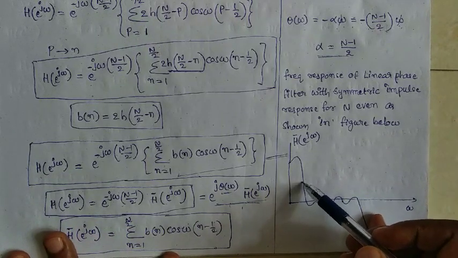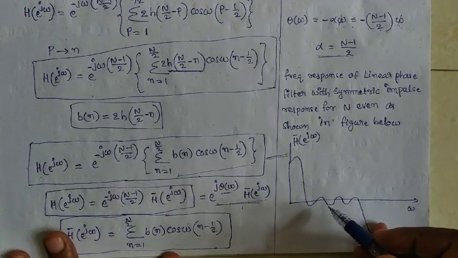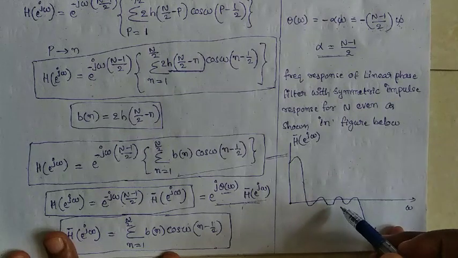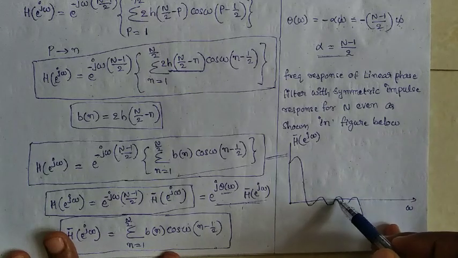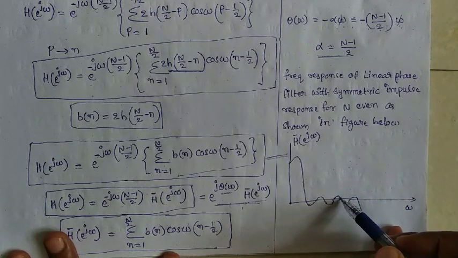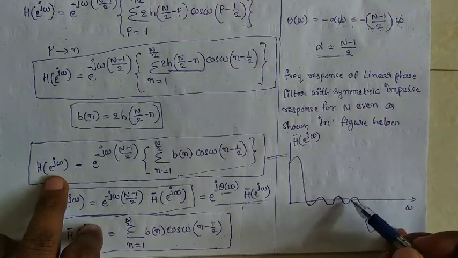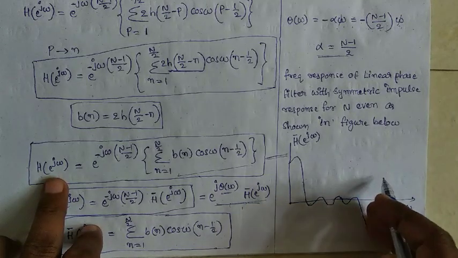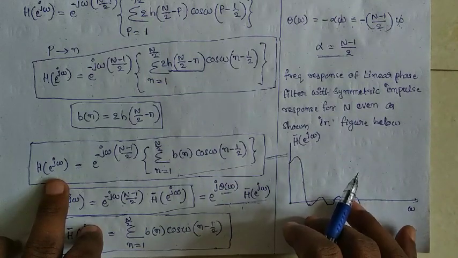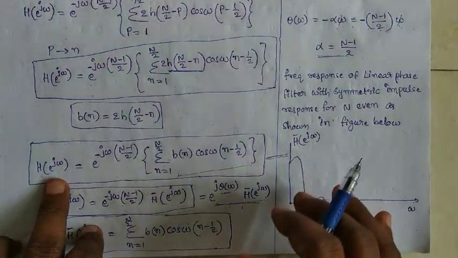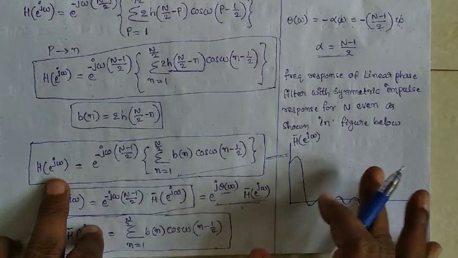This zero phase response of the FIR filter with a symmetrical impulse response has both positive and negative values, but the magnitude of h of e power j omega becomes positive. The remaining characteristics are the same as those of FIR filters with symmetrical impulse response for capital N odd.